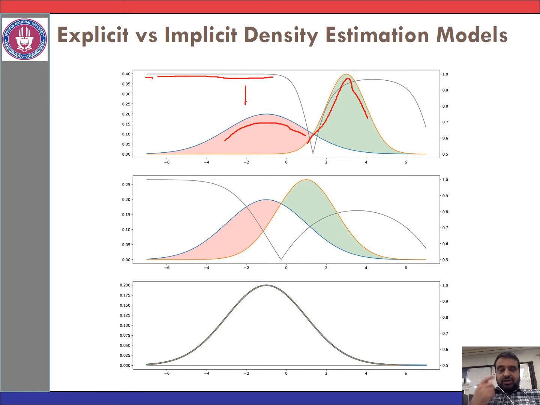So what we need to do, we want to lose the confidence of this model, so that it is unable to differentiate or distinguish between the two distributions, the model generated distribution and the real distribution.